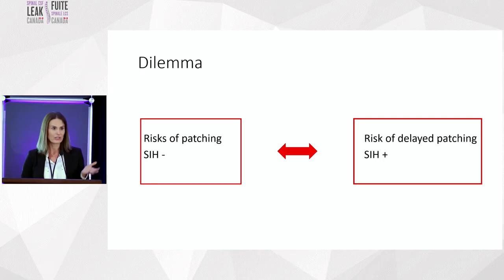So that puts us physicians in a bit of a dilemma, okay? We have a patient that has symptoms but does not necessarily match the definition of SIH. So we're basically balancing the risk of patching a patient who ends up being negative for SIH versus a patient that's actually positive, but we don't have any documented findings yet, and we're delaying care by not offering epidural blood patches.